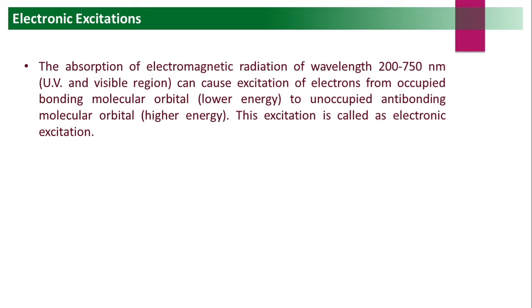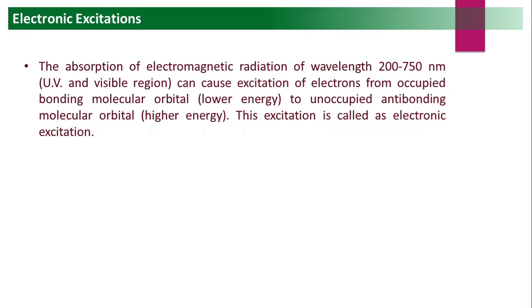Now we'll see the electronic excitations. The absorption of electromagnetic radiation of wavelength 200 to 750 nanometer, that is the UV and visible spectrum, can cause the excitation of electrons from an occupied bonding molecular orbital, that is lower energy, to an unoccupied anti-bonding molecular orbital, and this is called electronic excitation.